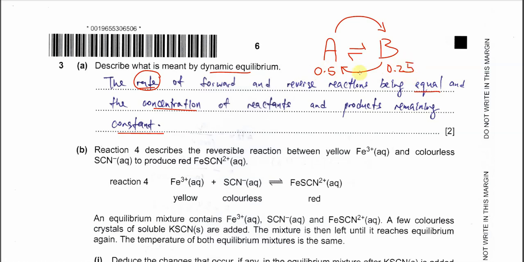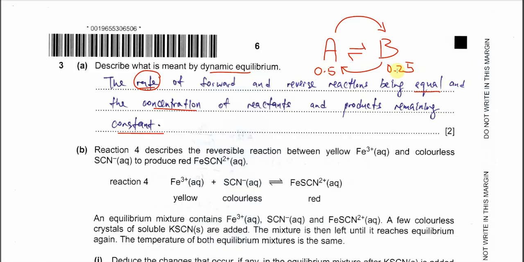As long as the concentration of A, which is 0.5 mole per dm cube, and B, which is 0.25 mole per dm cube, stay constant, meaning the same value, we say that it has already reached equilibrium. That's the meaning. It's not necessary to be 0.5 or 0.25.